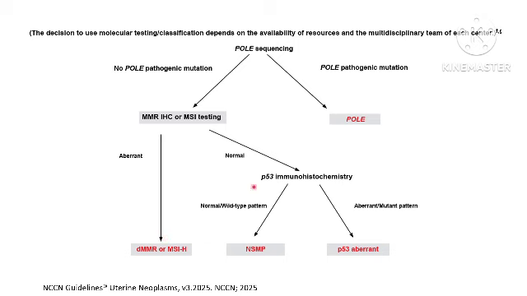If it is normal, move on to P53 IHC. If there is an aberrant or mutant pattern, classify this tumor as P53 aberrant subtype of endometrial cancer. If there is a normal or wild type pattern, classify the endometrial cancer as no specific molecular profile subtype, that is NSMP.